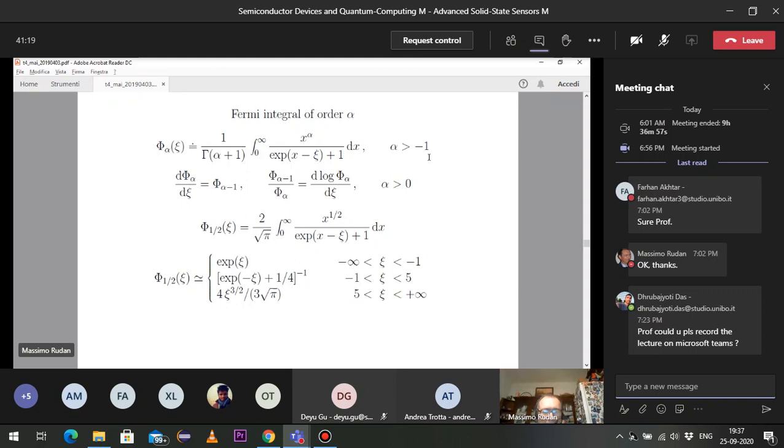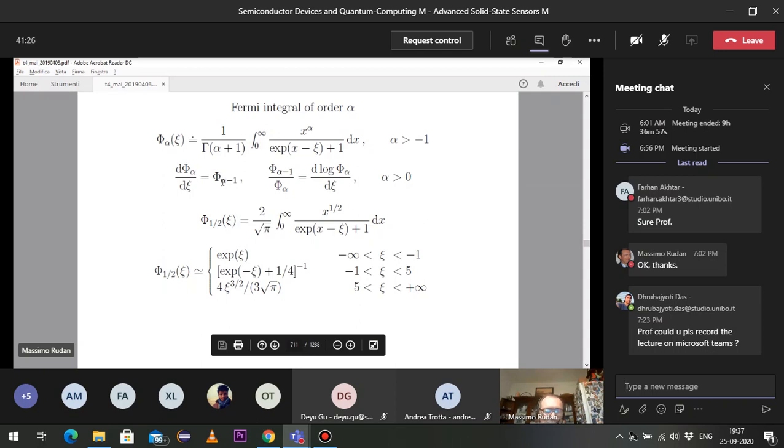By an integration by parts, you see that the derivative of phi of alpha with respect to psi is equal to phi of alpha minus 1. Why is this relation important?